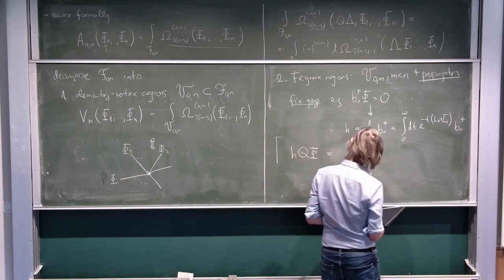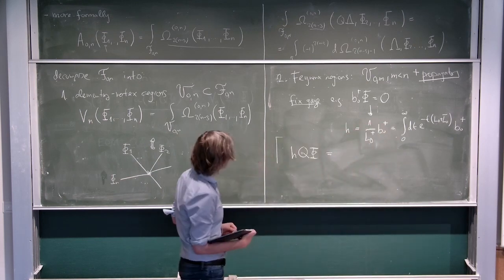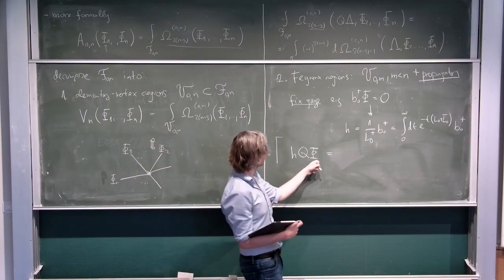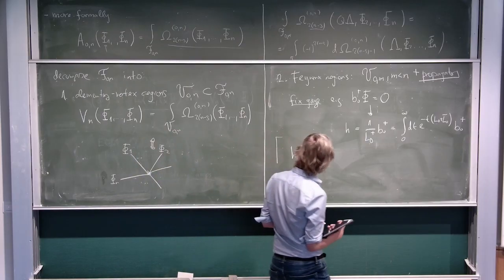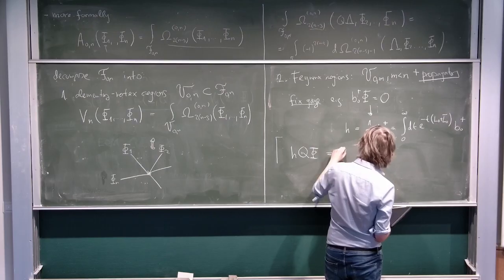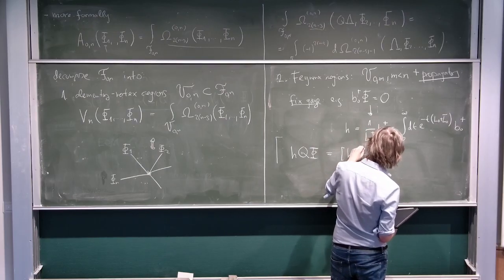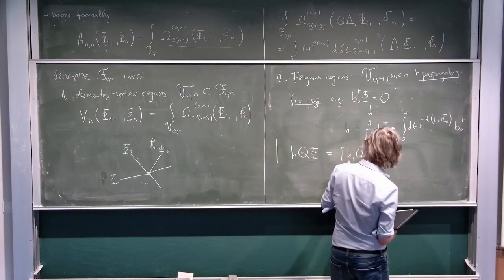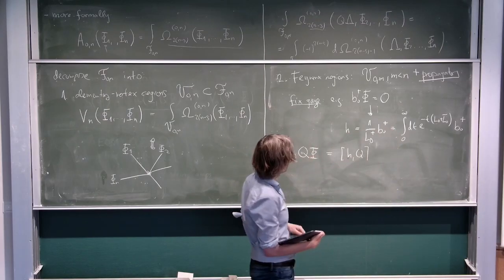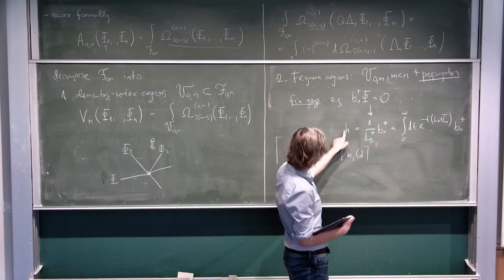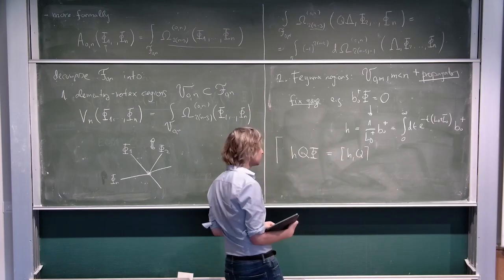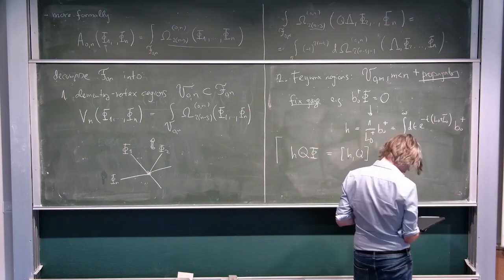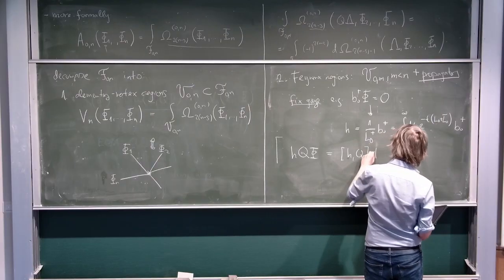So let's do that. First of all, since this state phi is in Siegel gauge, I can rewrite this HQ as H anticommutator Q. Again, this is a graded commutator. In this case, since both H and Q are Grassmann odd, because the ghost number of H is minus 1, this is really an anticommutator.